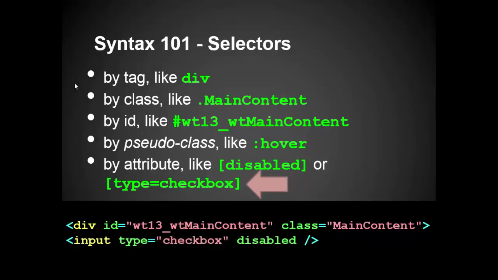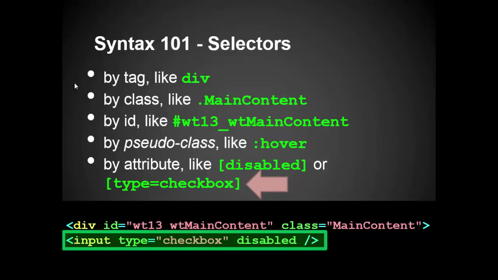Finally, we can also create selectors by type. Here by type we mention that we are going to select everything that has the attribute type, and that the attribute has the value checkbox. So in this example it would be exactly the same thing.